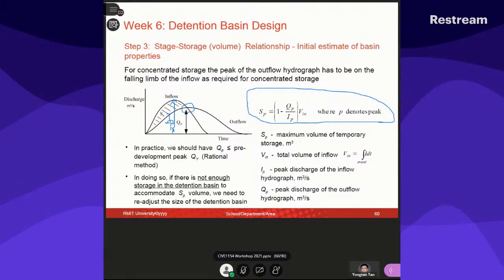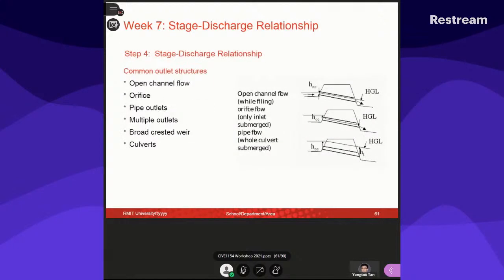By using these equations, we can get the maximum volume of the temporary storage for the design rainstorm. So the detention basin size should be larger than SP. So this is the detention basin.